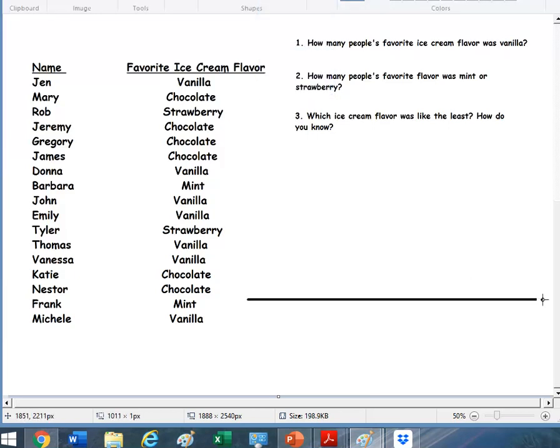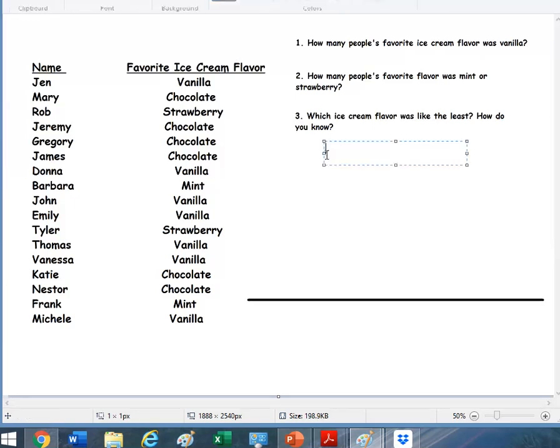All right, so here's my line plot. I need to title this. So I'm going to say, I could say just what I have here. Favorite ice cream flavors, and just move it in the middle.